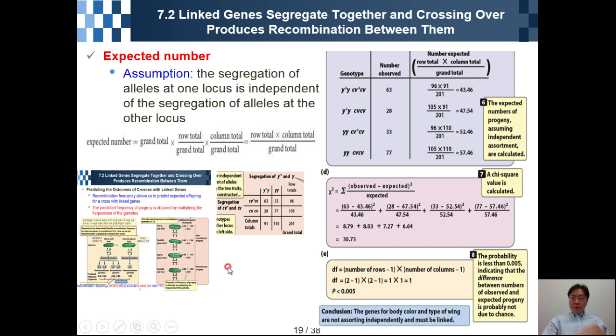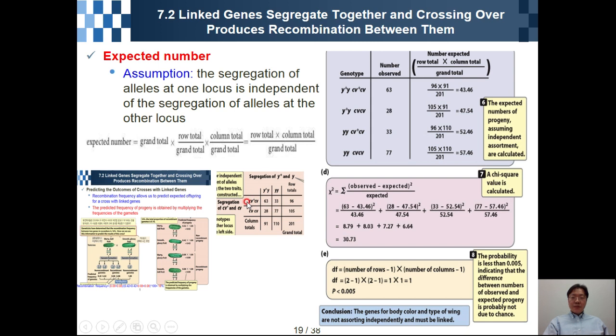Okay, so to get the expected number, first we have to multiply with the grand total, and after that we have to calculate the frequency of this gamete. The frequency of this gamete is based on the column total, 91, per grand total. How about in this row?